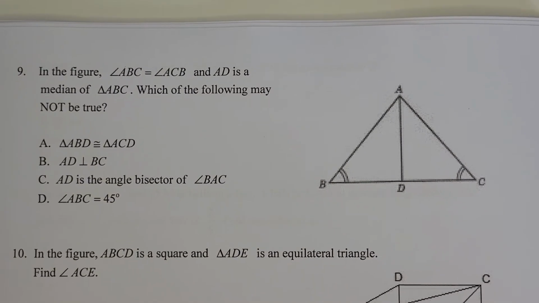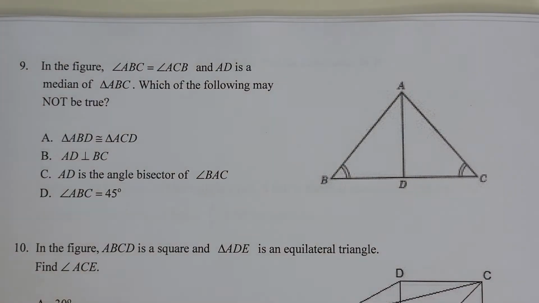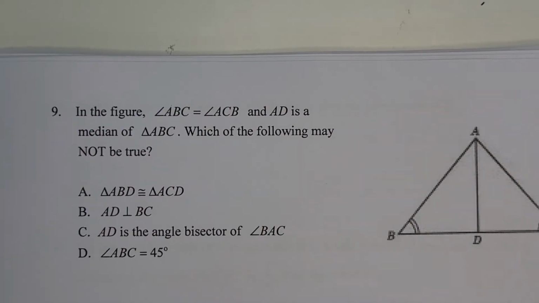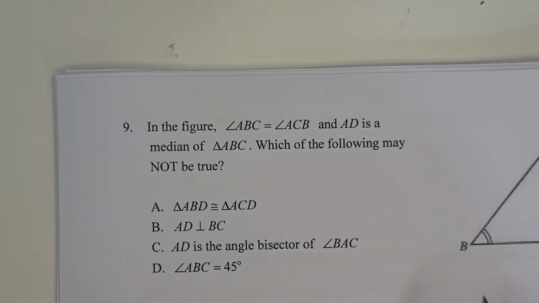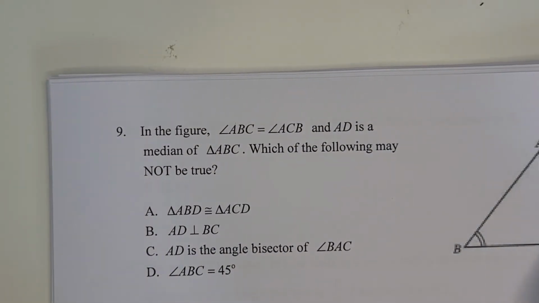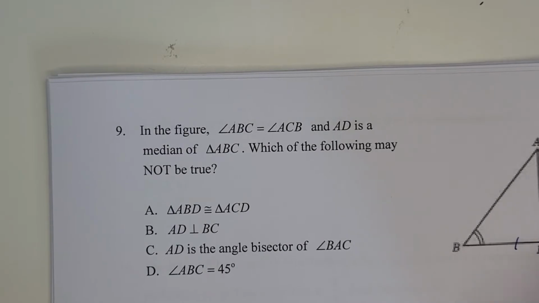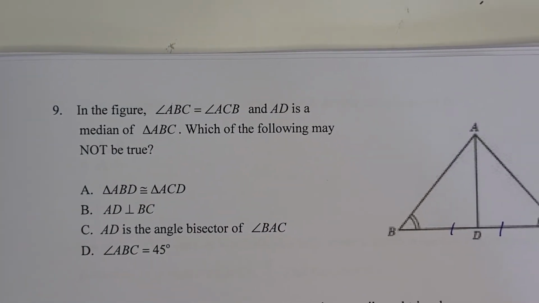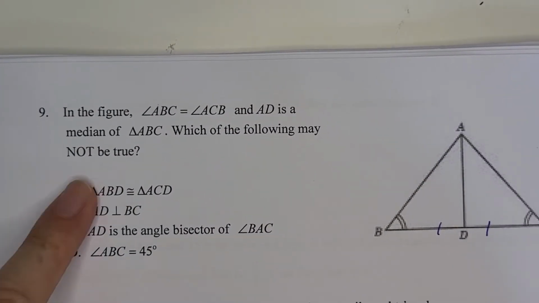That is a plane geometry question. In the figure, angle ABC equals angle ACB. AD is the median, so that means these two lengths are equal. Which of the following may not be true?